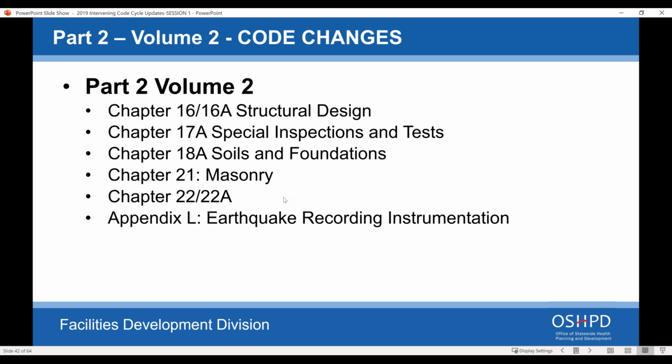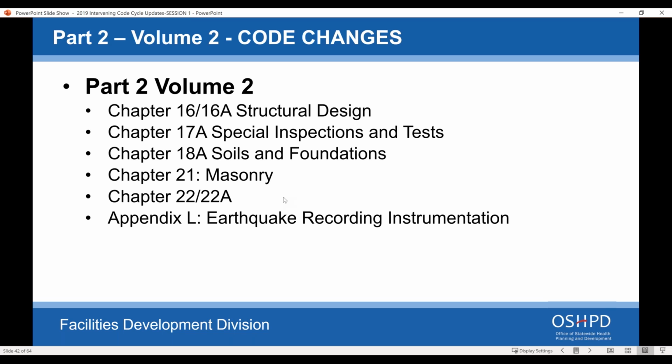So when we did that, we transferred our amendments from the A chapters to the non-A chapters for Chapter 21. And with that, we initiated a number of public comments related to masonry. So we basically cleaned up the language to address those public comments.